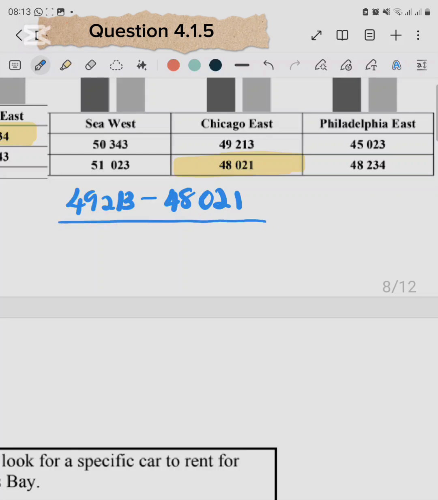And we're going to put it over 48021 times 100. And it'll get you to 2.48%. Right. And that's all you had to do for that one, the percentage of change between the two.